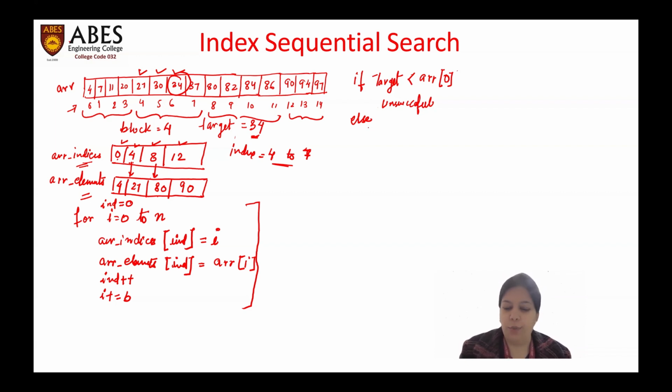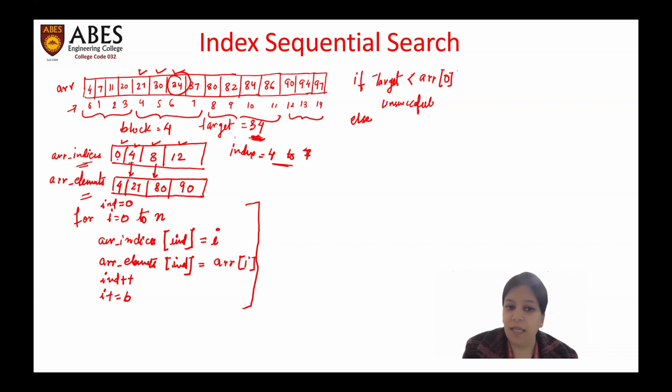what are we going to do? We are going to check the target value only with the values which are stored at the boundaries of the blocks, right? At the boundaries of the blocks. So for this, we start checking the target value, that is 34 in this case.